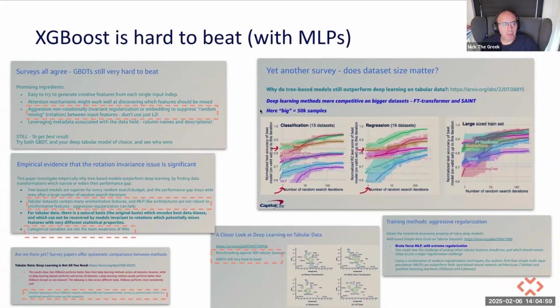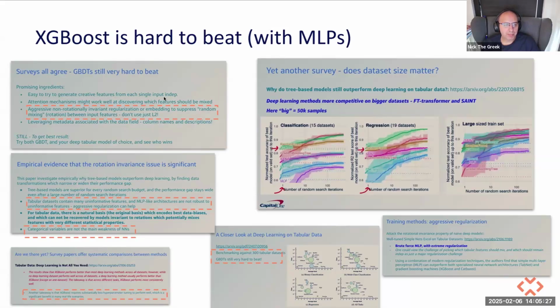Now, let's see a couple of points. It started becoming on par with some deep learning models when the size of data becomes very big. That's where we start seeing some competition.